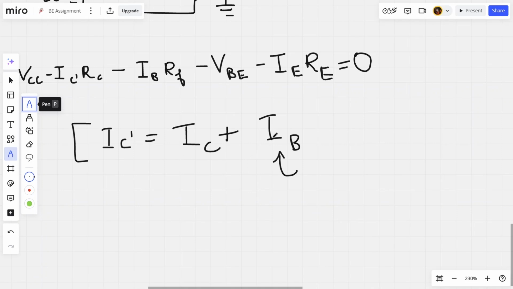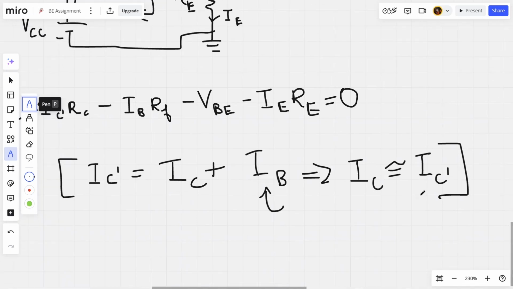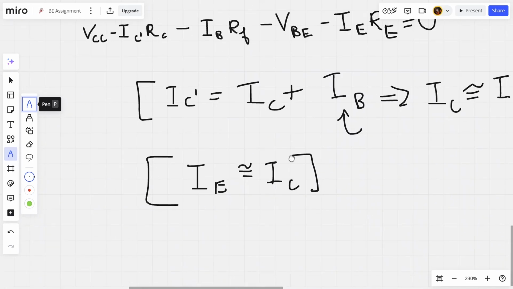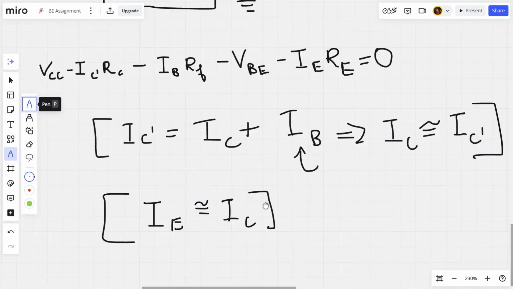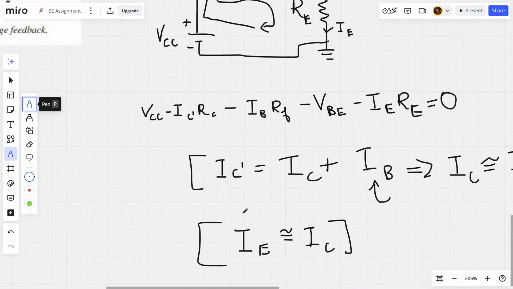So we can directly neglect that and write something like IC is similar to IC dash. So we'll take this approximation, and also IE is nearly equal to IC. So we'll take these two approximations, and now let's simplify the equation here.